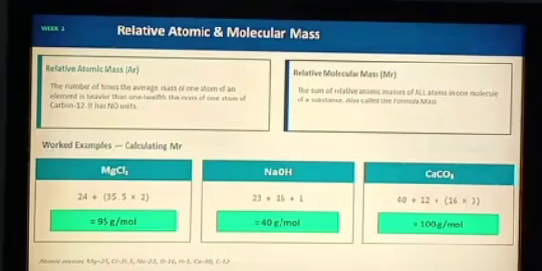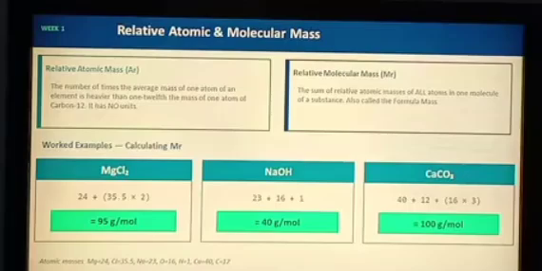Remember, an atom is the smallest part of an element which can exist on its own and can take part in any chemical reaction. Is it not so? That means when you take hydrogen, the smallest part of hydrogen is what? The atom. Now we are saying relative atomic mass.